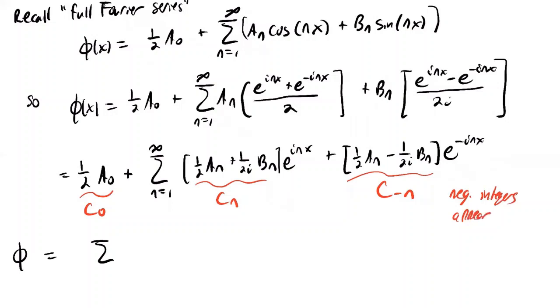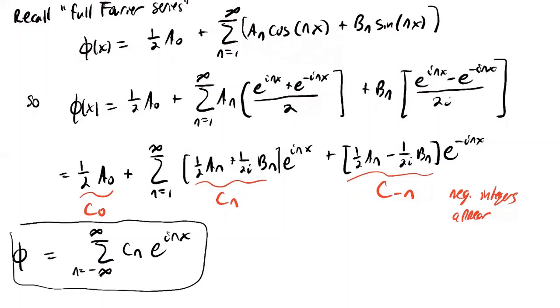So now this is a sum from minus infinity to infinity of C_n times e to the inx. And so what I've done is I've written my original full Fourier series as what's called a complex Fourier series using the de Moivre identities.